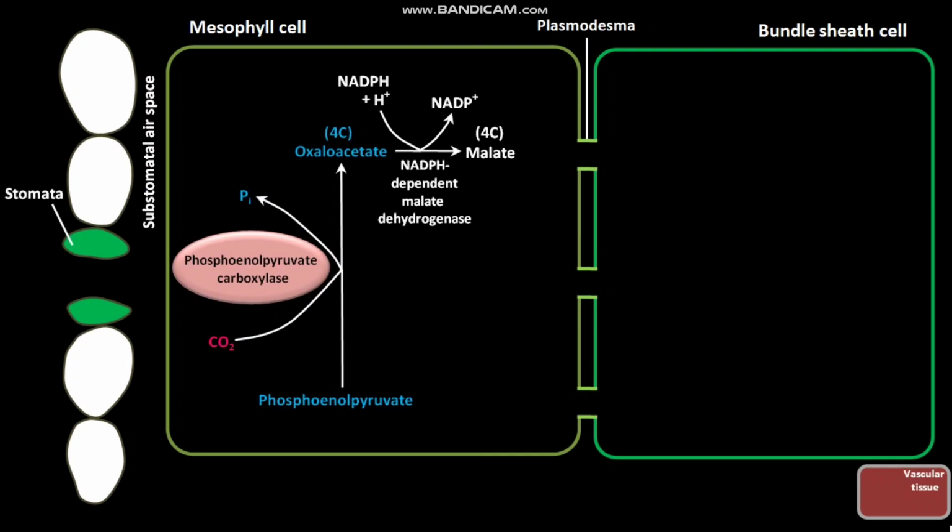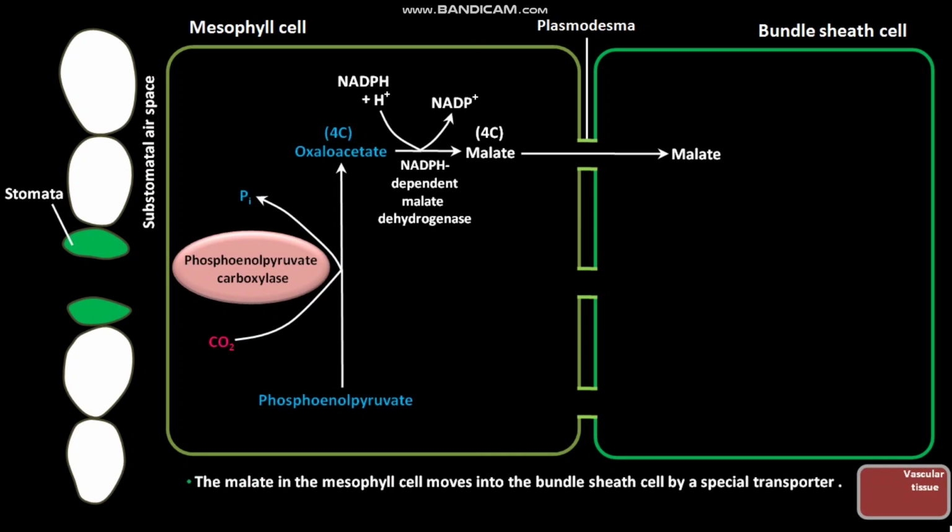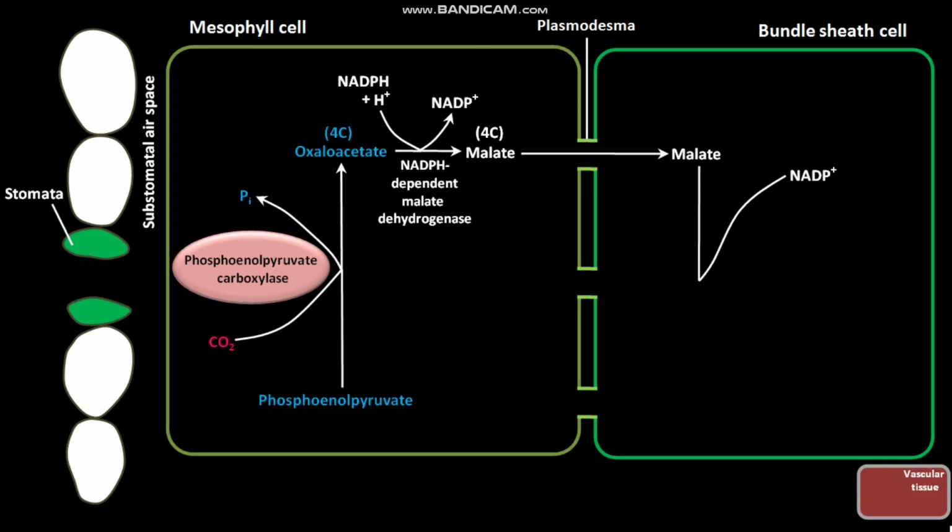The malate then passes through plasmodesmata and reaches the chloroplast stroma in bundle sheath cell. The malate in the mesophyll cell moves into the bundle sheath cell by a special transporter. In chloroplast stroma, malate and NADP+ react with each other to form pyruvate, NADPH, and H+ ion with the release of CO2.